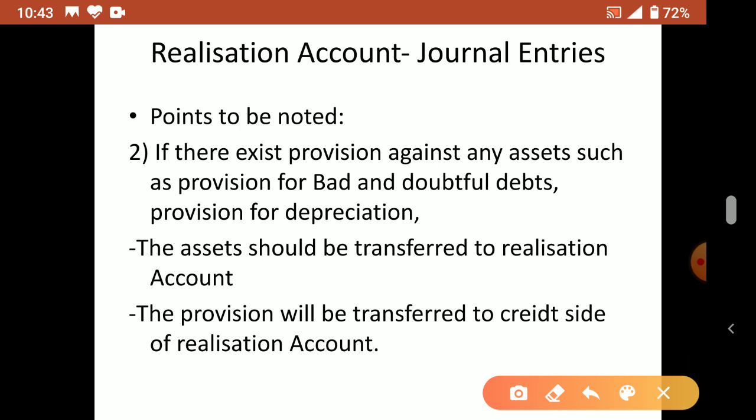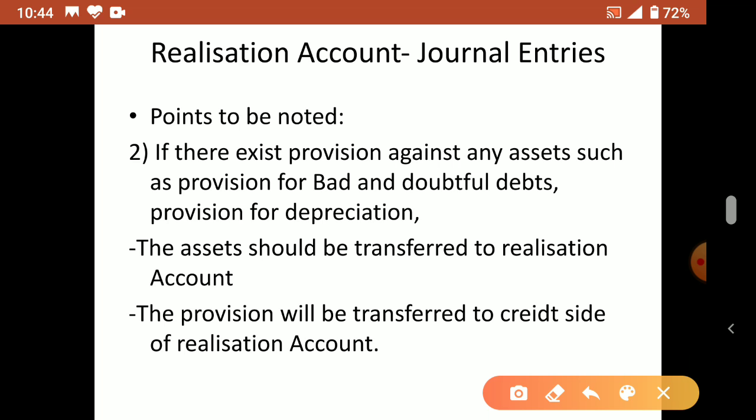Provision for depreciation is also against asset only, so asset value will decrease year by year. So to avoid that loss, we are taking an extra precaution and saving amount and keeping it in the business. That is called provision for depreciation. Okay, so these are the amounts which we are keeping against some assets.